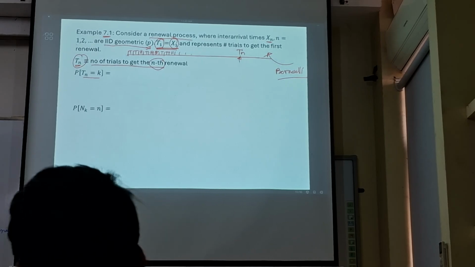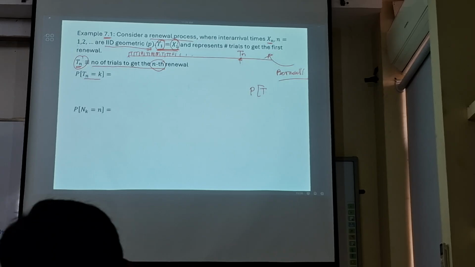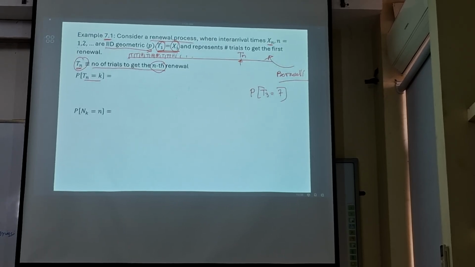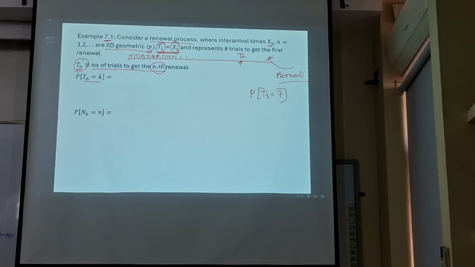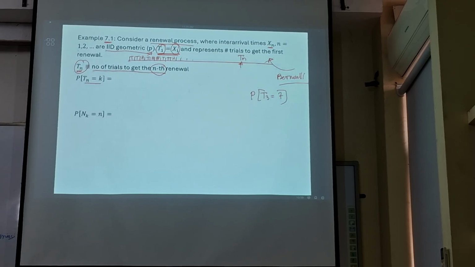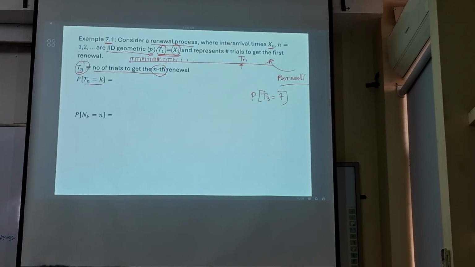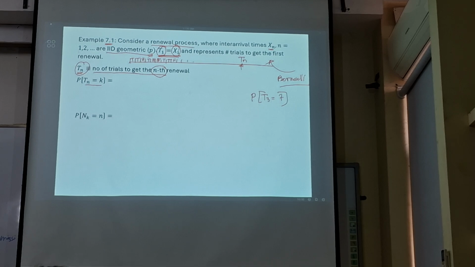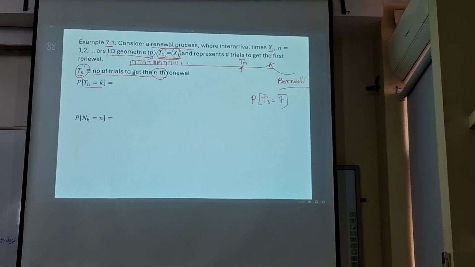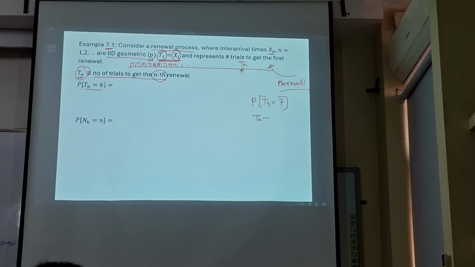So this T_n equal to k, you can consider what is the probability that T3 equal to 7. Meaning, if you toss 7 times, then you got 3 hits. Right? Now, what is the probability? Okay, before going there, what is the distribution of N?